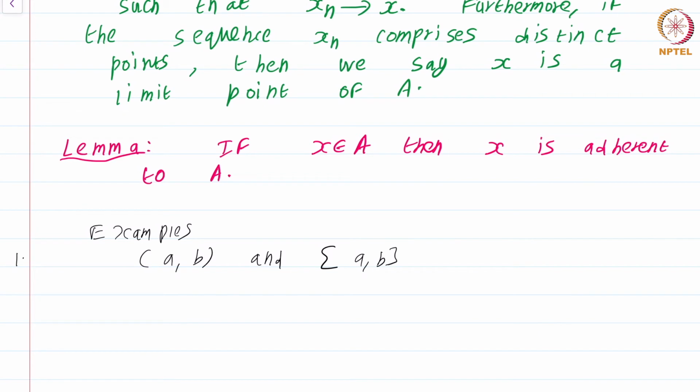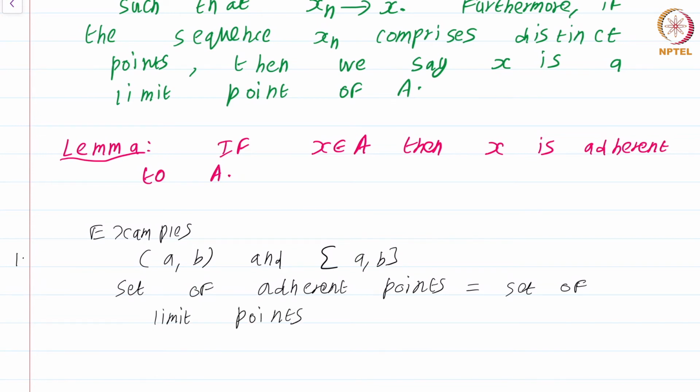Now, the set of adherent points in both scenarios is equal to the set of limit points, and both are equal to the closed set [a,b]. Now, from the previous lemma, it's clear that every point in the open interval (a,b) will be an adherent point of both the open interval and the closed interval.